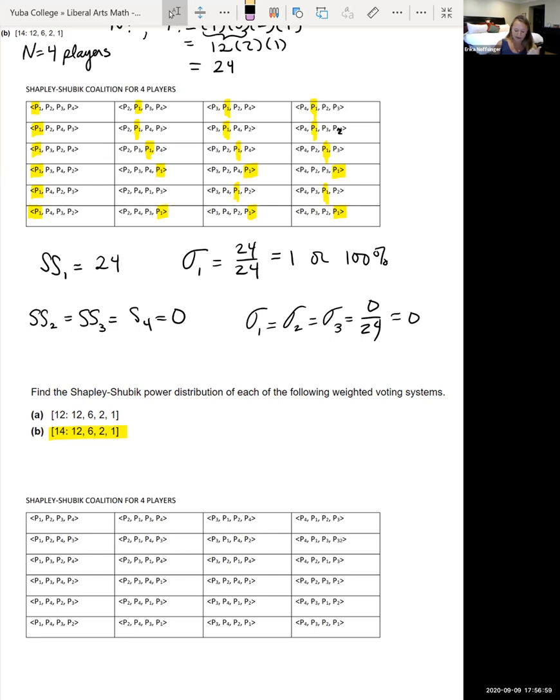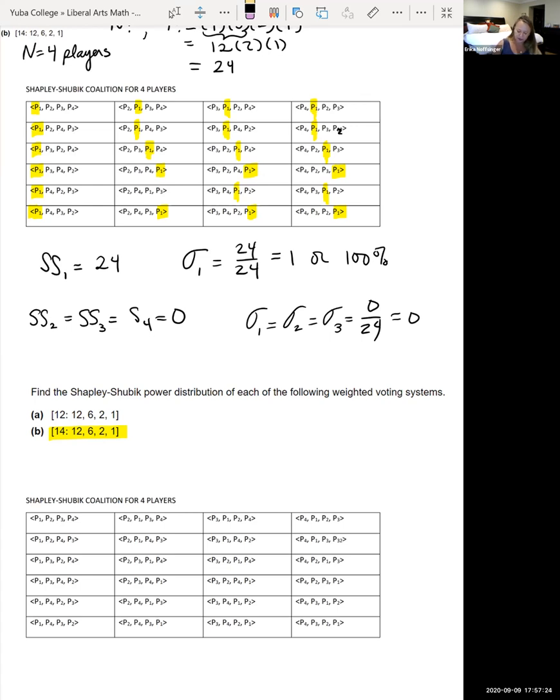So we can kind of skip the first person. So let's look at player 1 and then player 2. Well, 12 plus 6, that's 18. That surpasses 14. Let's just see if player 1 and a second player would always pass it. So if I had player 1 and player 3, that's 14, that would pass it. But player 1 and player 4 is 13, won't pass it.